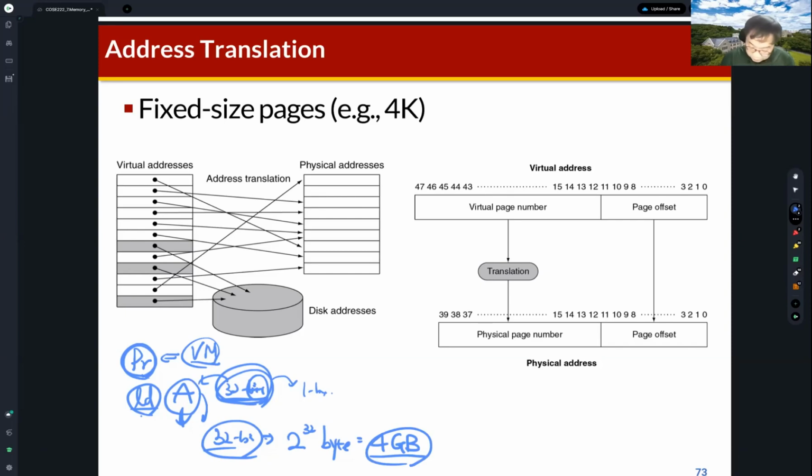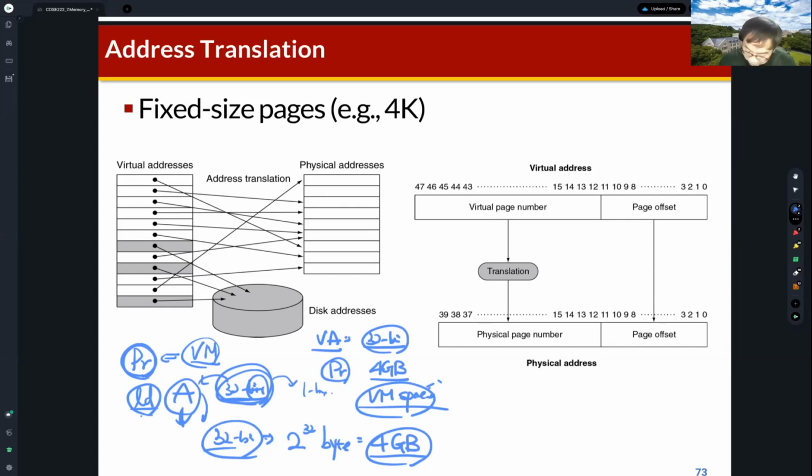So what does that mean? If the virtual address size is 32-bit, then to the launched process, the computer system provides 4 gigabytes of virtual memory space. Okay, but this is fake space, because virtual means fake. It's a fantasy world.